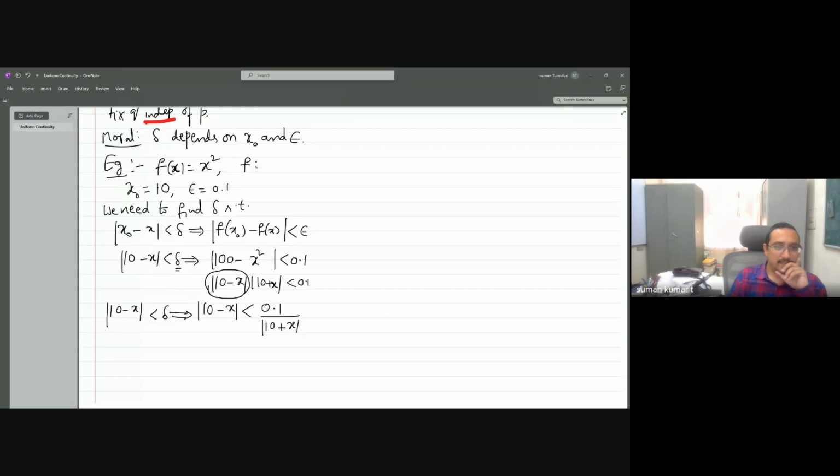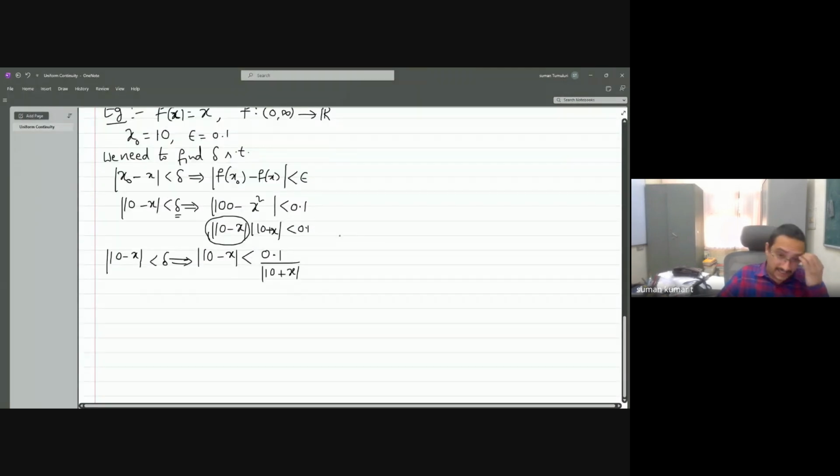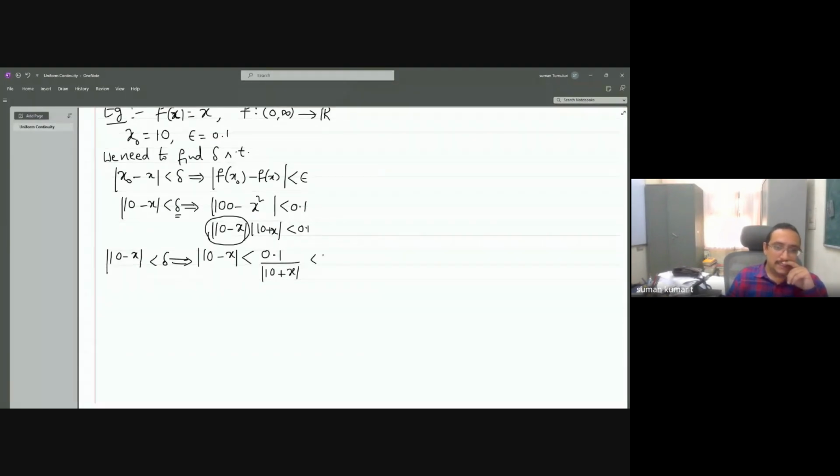Suppose your interval is, let's say, the open interval 0 to r, because I'm simplifying things here. Observe that this is less than 0.1 by 10, isn't it? x is anyhow positive, so 10 plus x is bigger than 10 and it is in the denominator, therefore I write this.